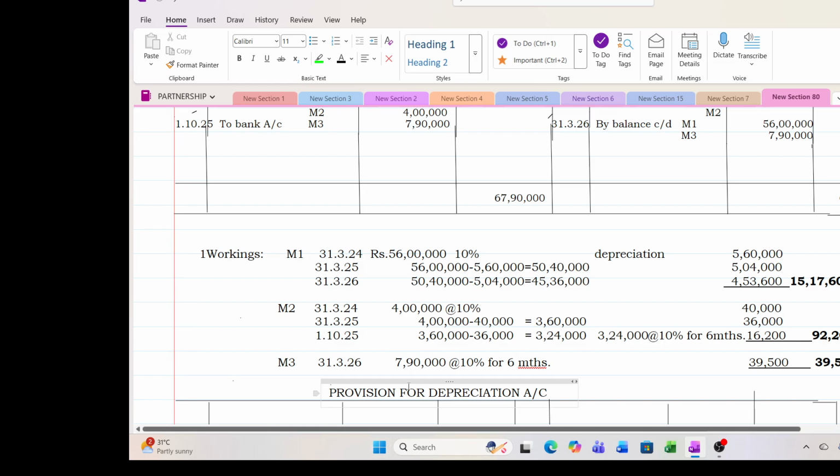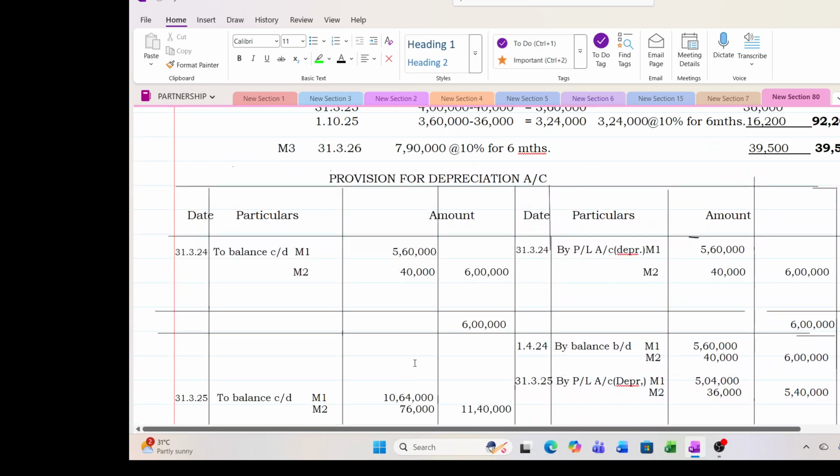Okay, so we will be recording this in our provision for depreciation account. On 1/4/24, the opening balance was 6 lakh for both the machines. And now for the current year, the depreciation on written down value is 5 lakh 4,000 for M1 and 36,000 for M2, totally 5 lakh 40,000.